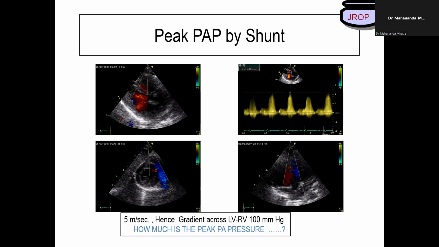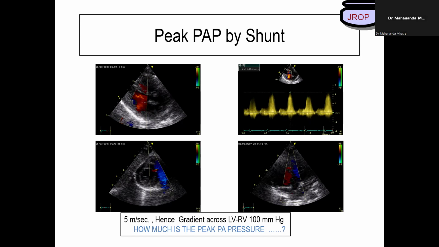I need to have one value which gives me an idea. Look, it is 2.8 or more. I should start thinking of pulmonary artery hypertension. Suppose it becomes 3. 3 into 3 into 4, 36, plus 5, 41. 41 into 0.6, 24.6. It becomes 26.7 mean pulmonary artery pressure.